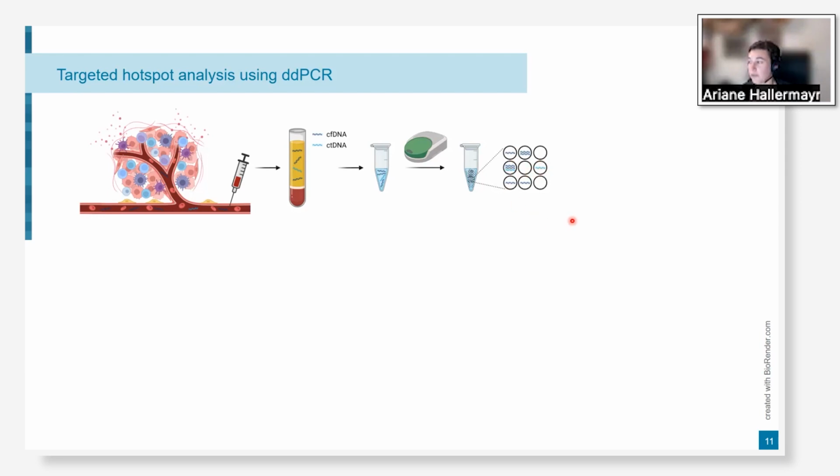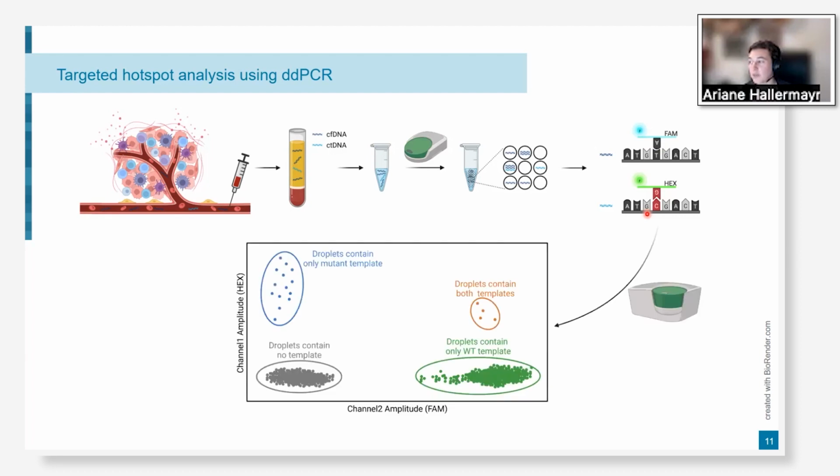By performing specific PCR for the target of interest and using TaqMan probes that are labeled with a fluorescent dye, depending on whether they bind to wild type or to the variant of interest, it is possible, by analyzing the fluorescent signal in each droplet, to obtain information about how many droplets contain wild-type template only, how many contain mutant template only, and how many droplets contain both templates.